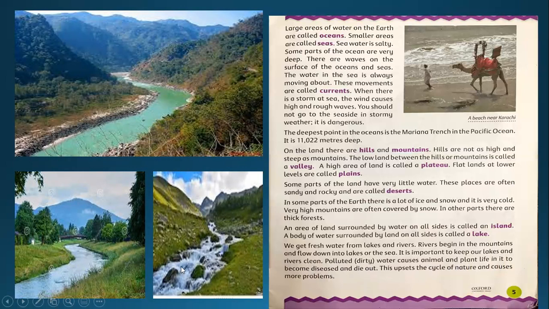If the water becomes dirty and damaged, then it is very harmful for the life of plants and also the animals, and also for the human beings who are drinking this water. This water is used for drinking purposes. Animals drink this water, and these waters also go to the plants, to our crops. So that's why water should be clean.